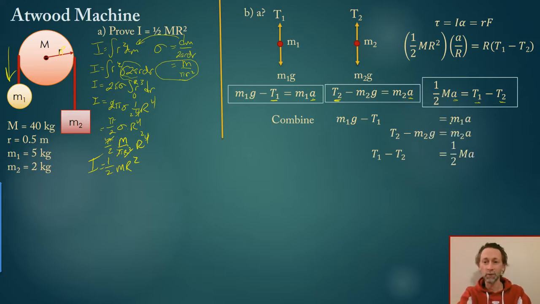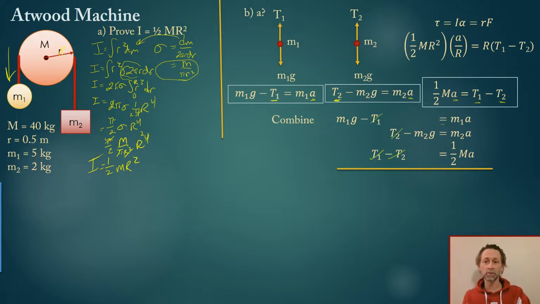So here I just rewrote these equations, spreading them out to where I'm going to add them up. This top one is the first equation. The second one is the second equation, and the one on the bottom here is the third equation, just rewritten to put the T's on the other side. And if I add it, notice what happens to my 2 tensions.